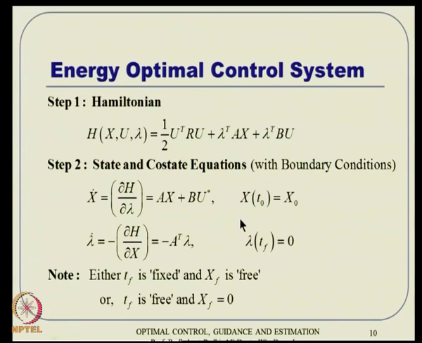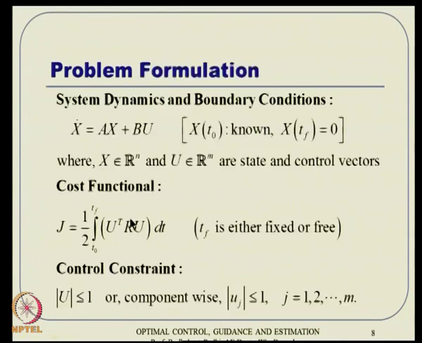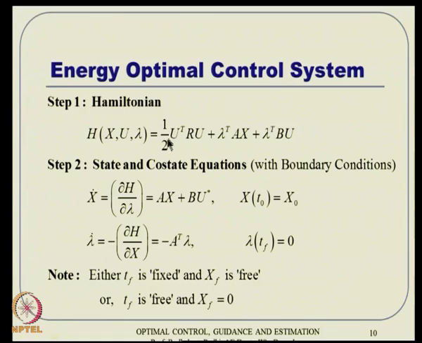Now, how do we go ahead and solve it? We have this regular technique of applying necessary conditions of optimality. So, we define the Hamiltonian first, L plus lambda transpose F. L happens to be half of u transpose Ru, and lambda transpose F happens to be lambda transpose (Ax plus Bu), which I can expand as lambda transpose Ax plus lambda transpose Bu.